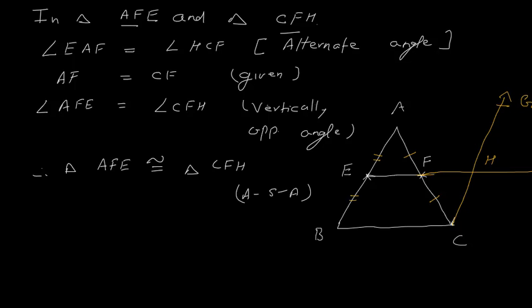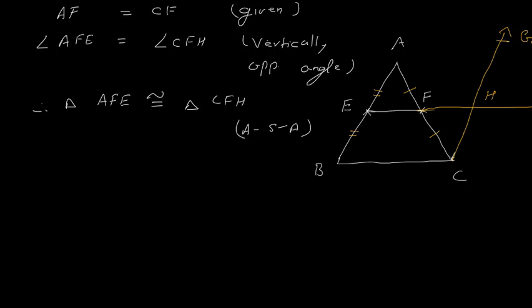So these two triangles are congruent, therefore their corresponding sides will be equal. So this side AE will be equal to CH, and EF will be equal to HF. This I can consider equation 1, by the reason of corresponding parts of congruent triangles, CPCT.